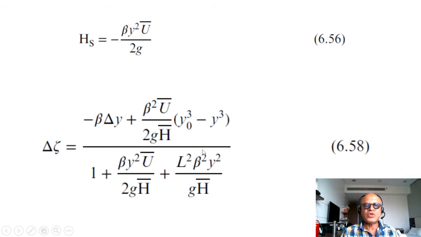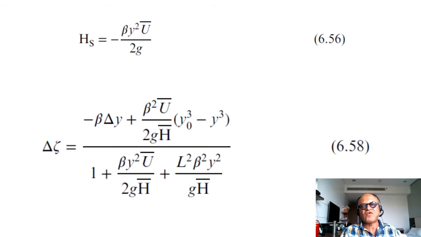We are going to end up with this expression with u bar term in the denominator and the numerator. So we are basically going to see whether u bar term makes the induced vorticity smaller or larger based on the basic state, right?